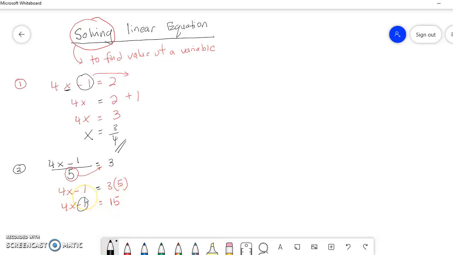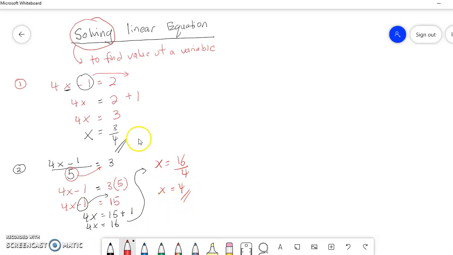Now, minus 1 here, we move to the opposite side, it becomes +1. Here's 4x, and this is 16. So here, this 4 is a divide. 16 divided by 4, you'll get x equals 4. This is your answer.